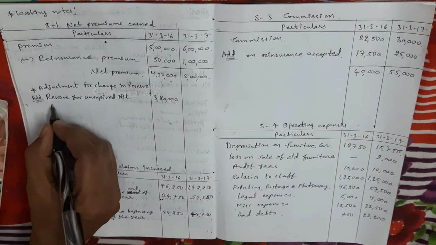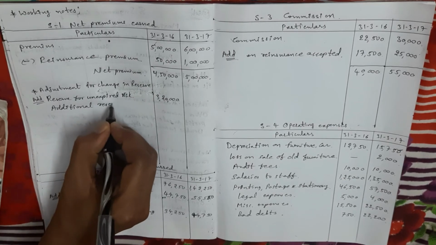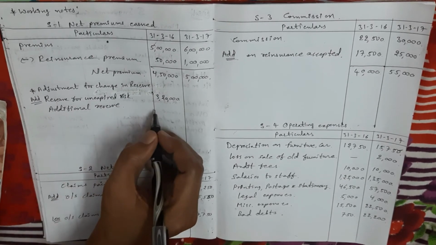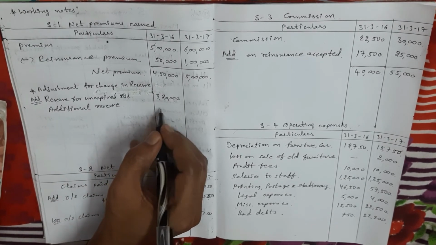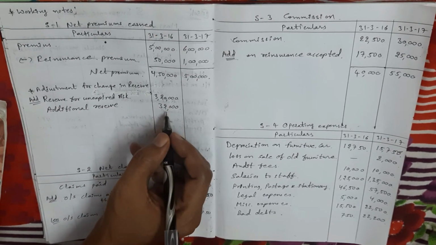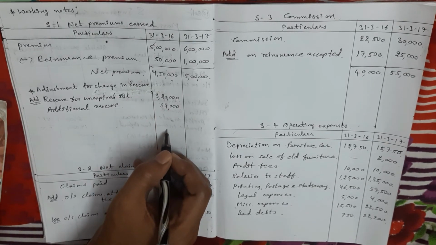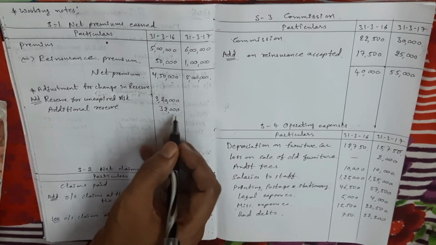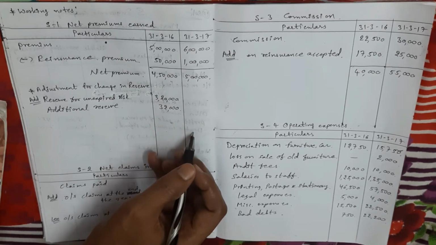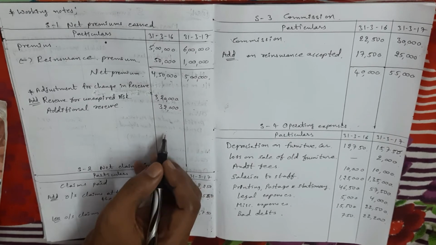Next, additional reserve is also given at the beginning of the year. In the last year, it is 32,000. Okay, with the help of these two, we have to calculate present year closing balance, present year opening balance, and last year closing balance. These three amounts we have to calculate.